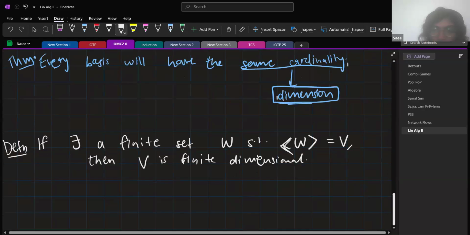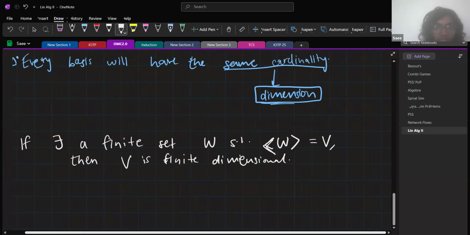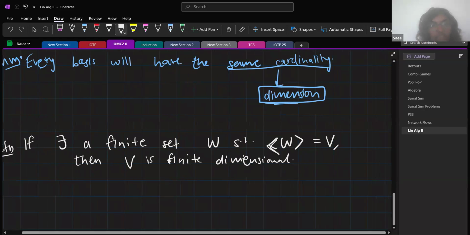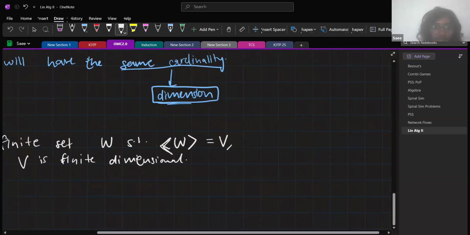There are some cool infinite dimensional things. Can somebody give me a nice example of an infinite dimensional vector space? It is not just R raised to cardinality of n or something. Can you think of any infinite dimensional vector space? R over Q. Sorry, say that again.